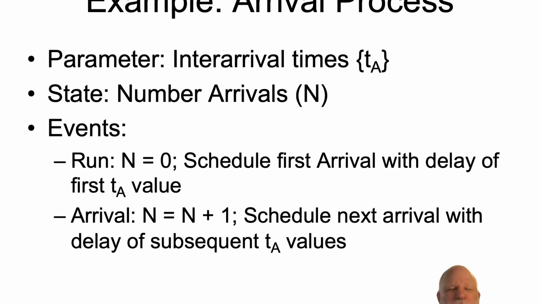In other words, every time this arrival event occurs, it'll grab the next generated value of this t sub a inter-arrival time, and then say, okay, the next guy's going to come that much time later. Okay, so this is a simulation model in every sense of the word.